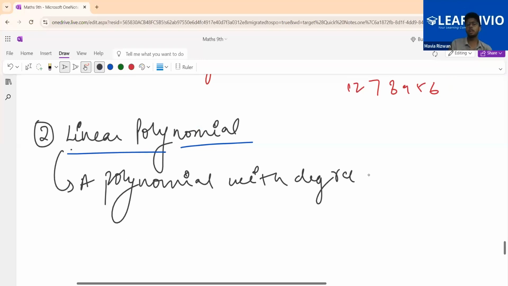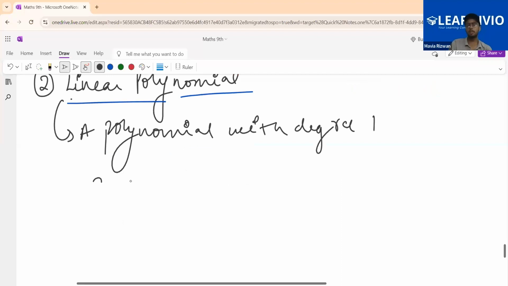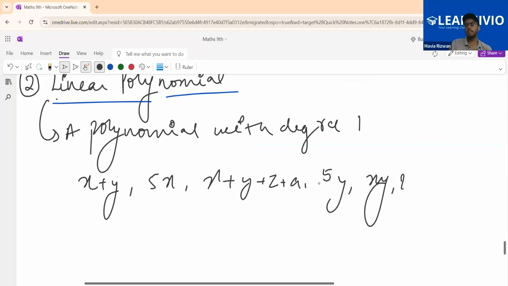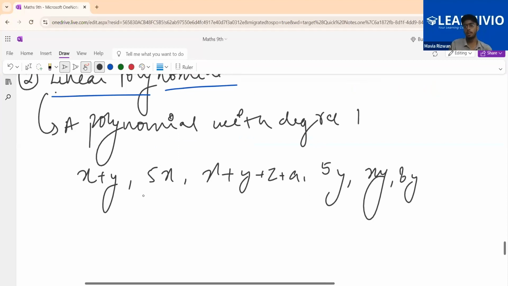So you can add examples: x plus y, 5x, even x plus y plus z plus a plus b. Any. Even 5y, or x into y, 8y. Anything. So this is a linear polynomial.